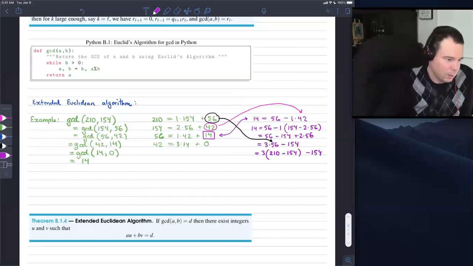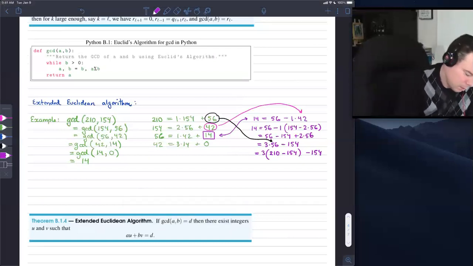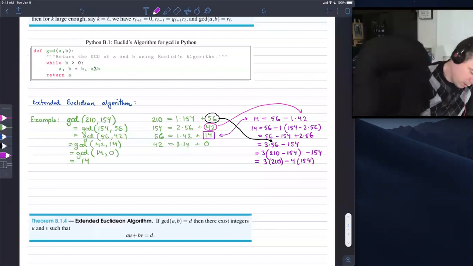Now I can write it in terms of 210 and 154. That's 3 times 210 and then minus 3 times 154 minus another 154, so it's a minus 4 times 154. And so what we conclude is that 3 times 210 minus 4 times 154 is equal to 14, which is the GCD of 210 and 154.